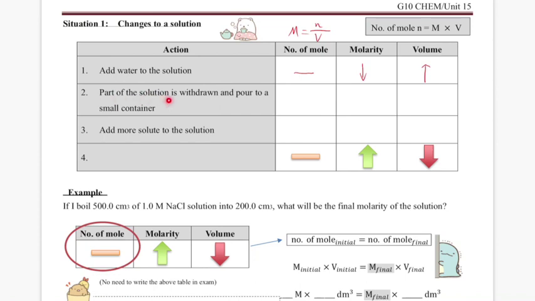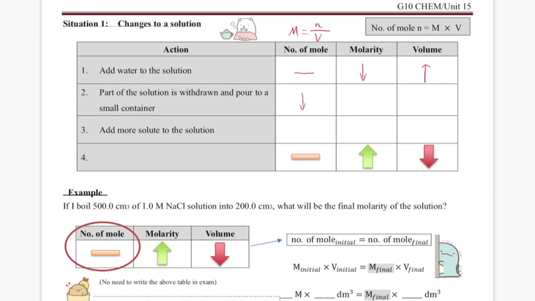Part of the solution is withdrawn and poured into a small container. If we take a small portion of the solution, that means we only take some of the solute out, so the total amount of solute in the sample actually decreased.